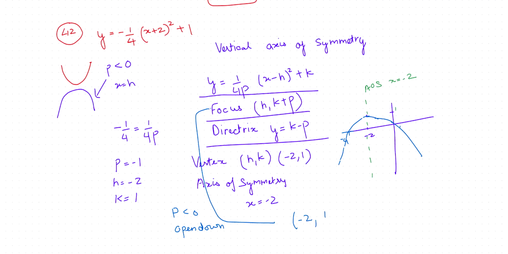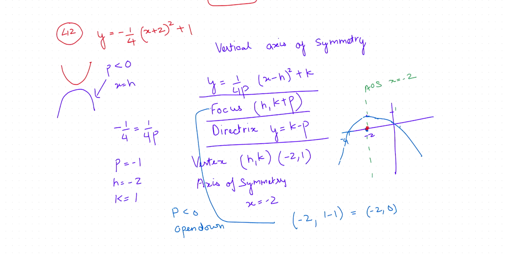So the focus we get is -2, 0. Okay, so this is the focus. I'll write it with another color. So this is the focus, -2, 0.